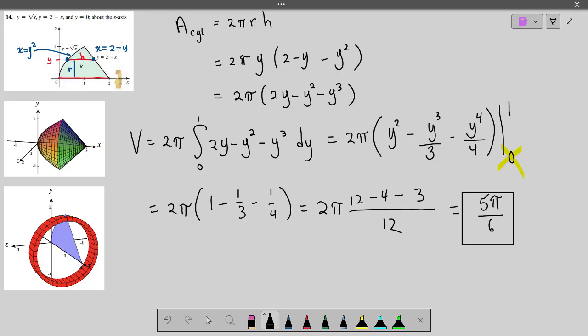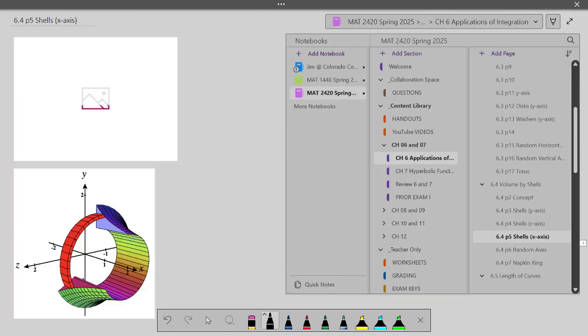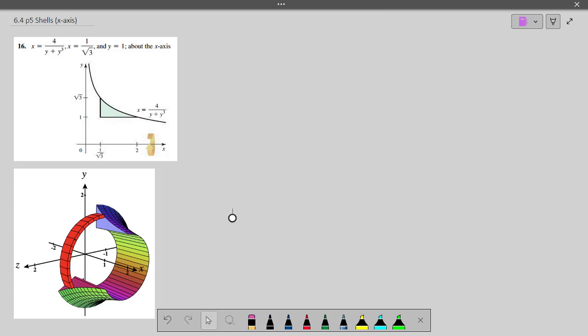All right, let's set up another one of these. You just have to see a few of them before you can start wrapping your head around it. So our region is rotating around the x-axis.